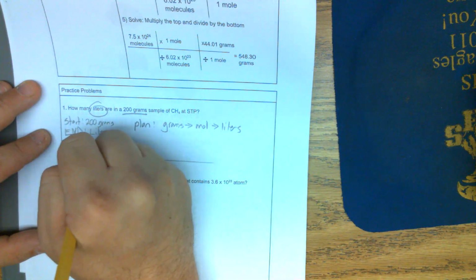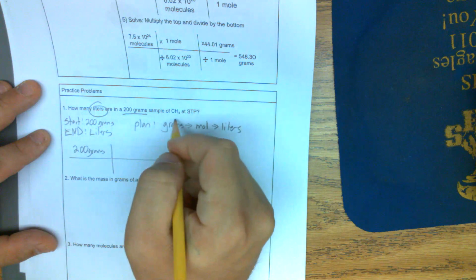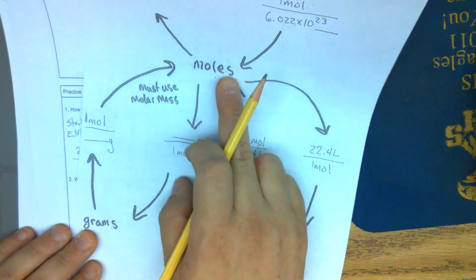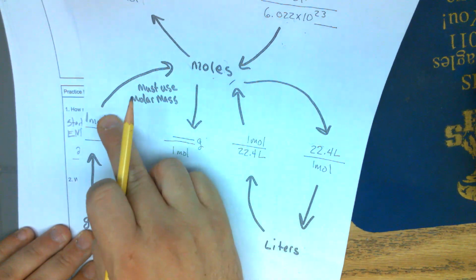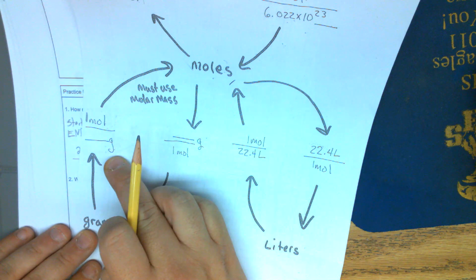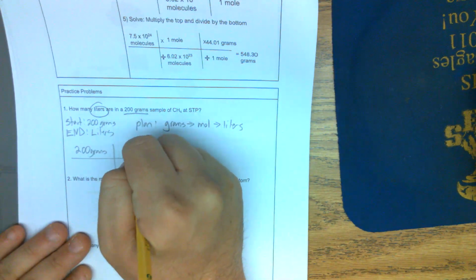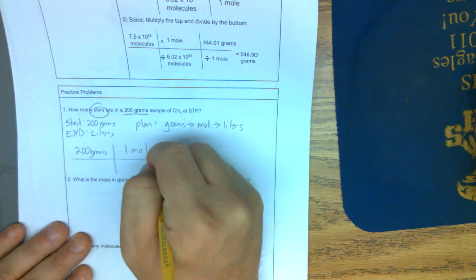All right, so let's make our chart. We have 200 grams of CH4. Our first step is to go from grams to moles. To go from grams to moles, we follow our map here: 1 mole over our molar mass in grams.